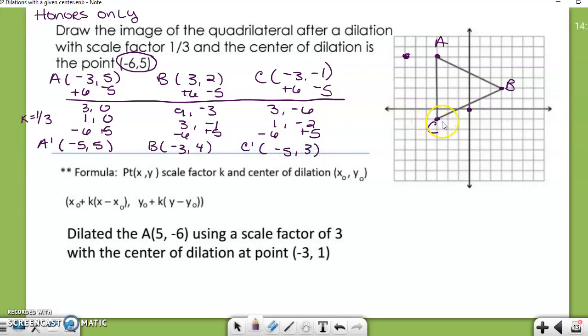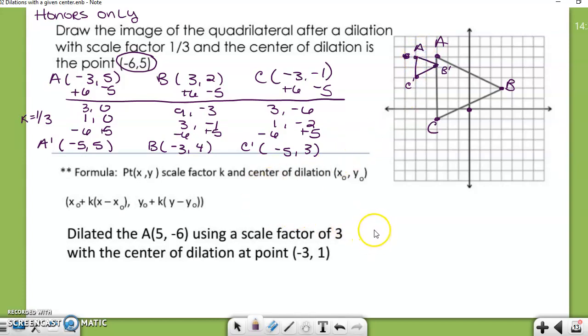And when you graph those, A prime, B prime, C prime, there you go, and it is a reduction.